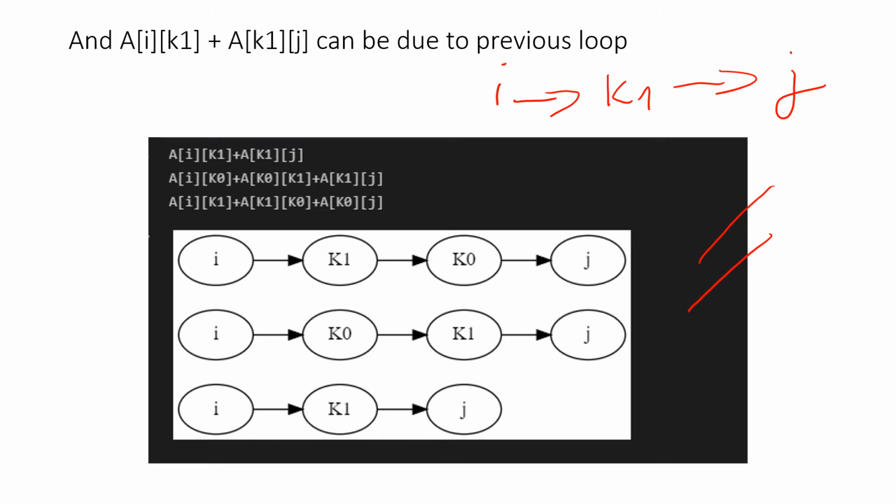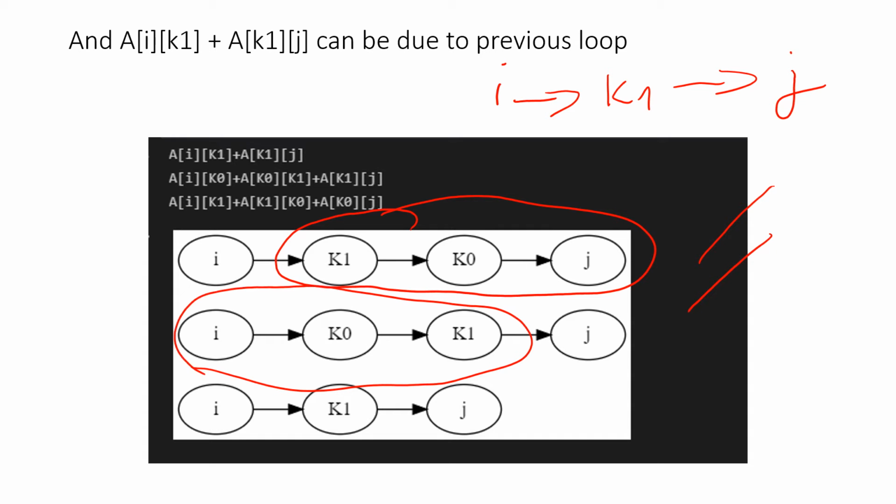This means that in the previous round, when we considered K0 to be the middleman, because we went through all the pairs of I and j, we could have generated that the shortest path to get from K1 to j is through node K0, or an alternative to get from I to K1 is through node K0.